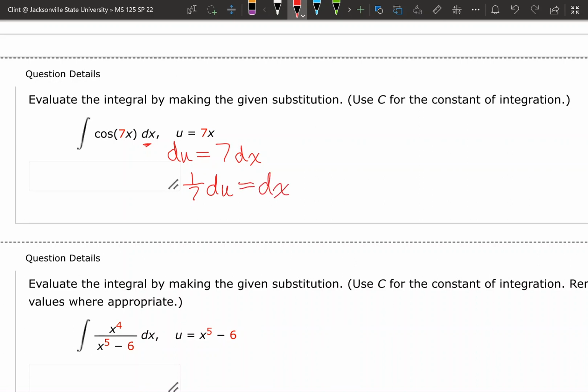Okay. Well, when we rewrite this in terms of u, we'll have a constant factor of 1/7 out front. Cosine of u du. The antiderivative of cosine is sine, plus c.